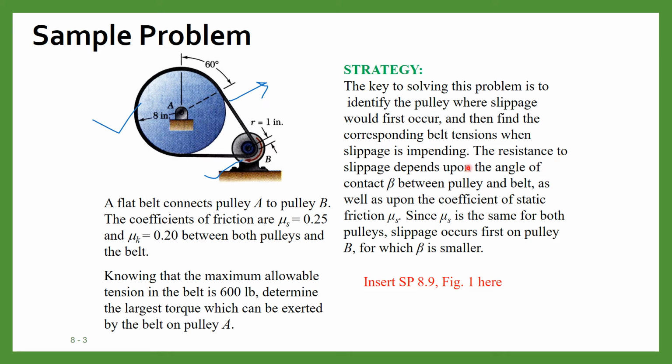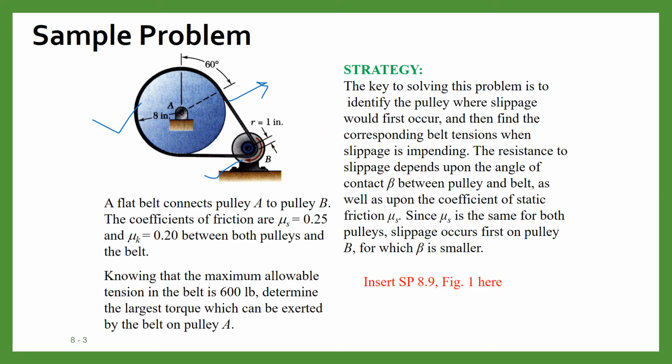The resistance to slippage depends upon the angle of contact beta as well as upon the coefficient of static friction. Now mu is the same for both pulleys. Slippage occurs first on pulley B, for which beta is smaller. So the chances of slippage will be more on the smaller pulley.